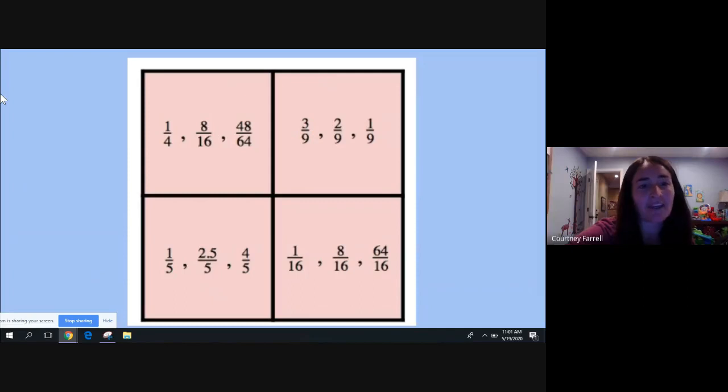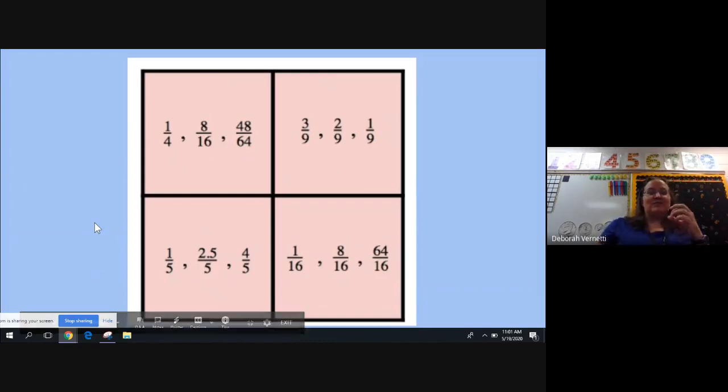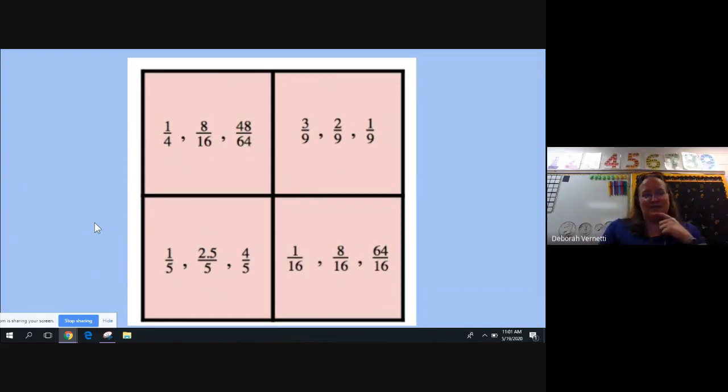If you look, the first box has denominators of 4, 6, and 64, whereas all of the fractions in the second box are ninths, the bottom left are fifths, and the bottom right are sixteenths. So, Mrs. Farrell, that's amazing because I was totally looking at my benchmarks and I didn't even notice that those 3 had common denominators except for that first box.